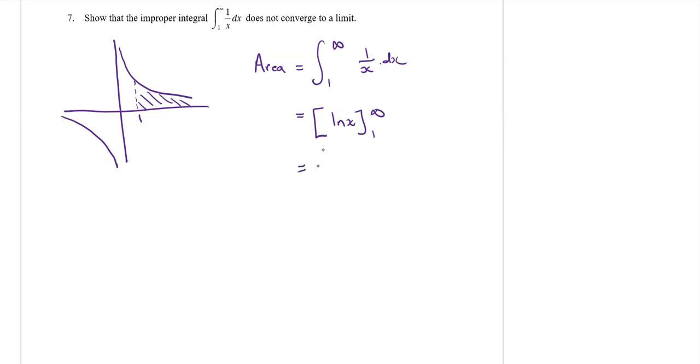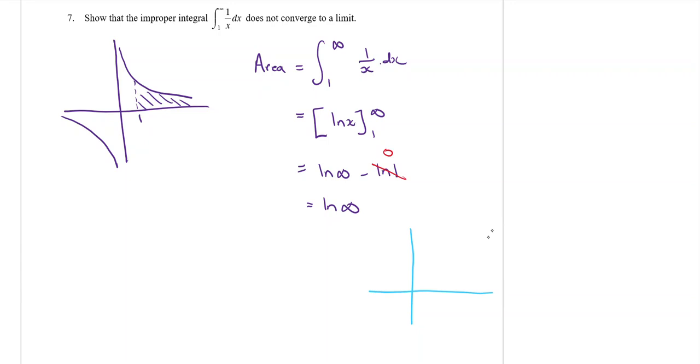And when you sub in, you get ln of infinity minus ln of 1. ln of 1 is just equal to 0, so that will disappear, and we get ln of infinity. Now, that ln of infinity, or an infinite number, is definitely not converging, because it is getting bigger and bigger as the value is getting bigger.